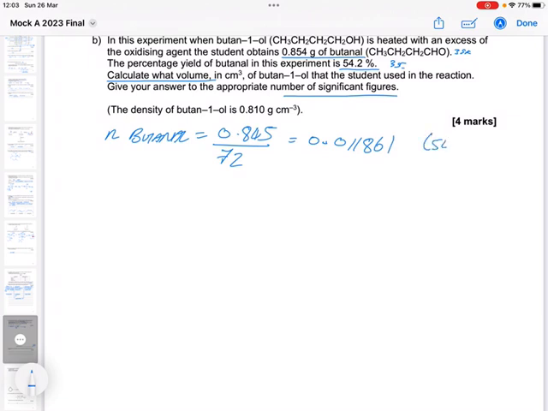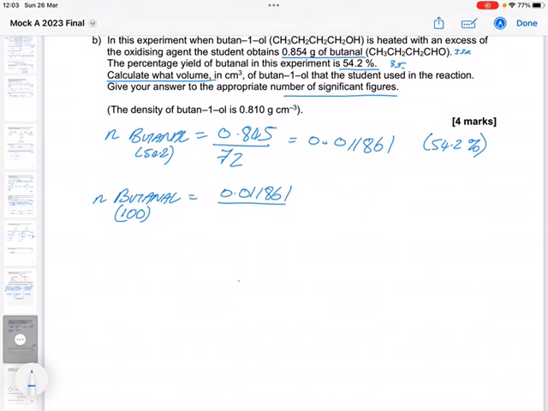Now this is 54.2%. So in order to get that amount, I've got to aim to make 100%. So number of moles of butanal that I need to aim to make, so this is obviously 54.2%. To get 100%, it's going to be 0.011861.